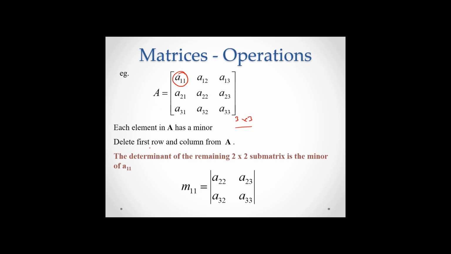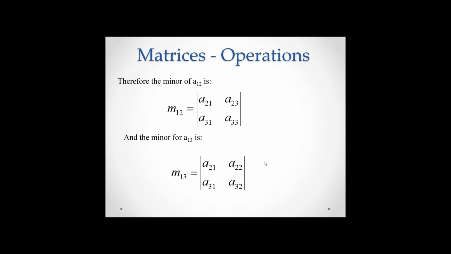If I delete the first row and the first column, what is obtained will be called the submatrix, that is a 2 cross 2 submatrix. This will be called the minor M11. Similarly, if I have to find M12, that means I am deleting the first row and the second column, and so on.